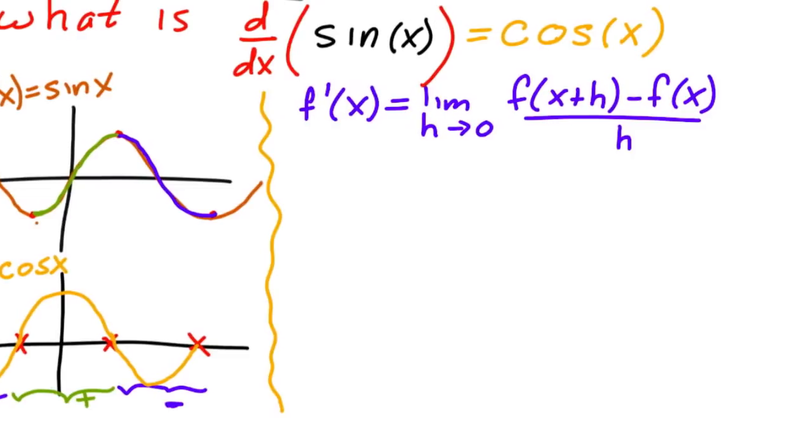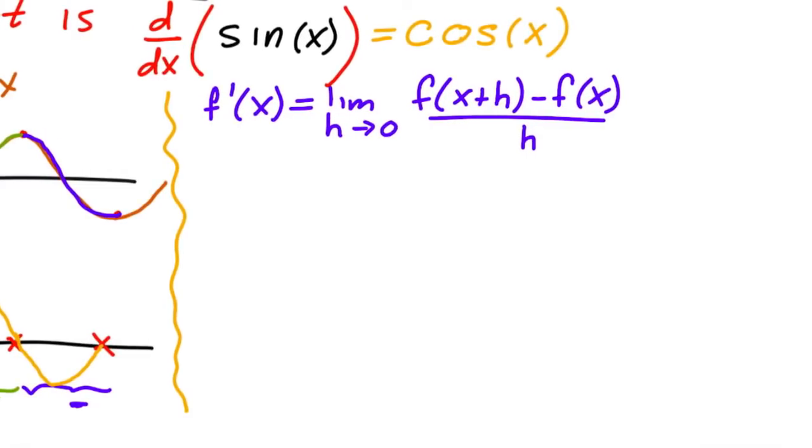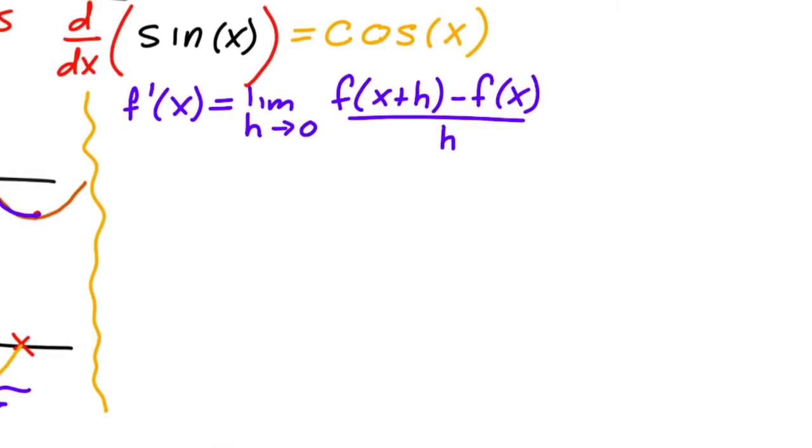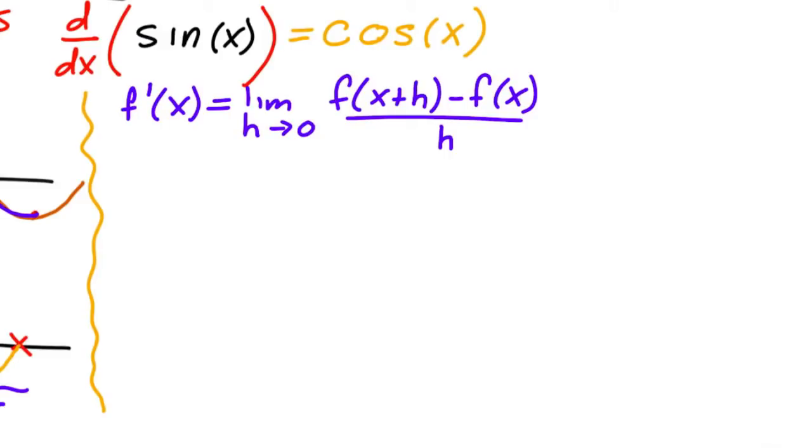Okay, so let's get a little bit more space over here. Alright, so what I'm going to do is use the definition of the derivative to write down the derivative of this guy.